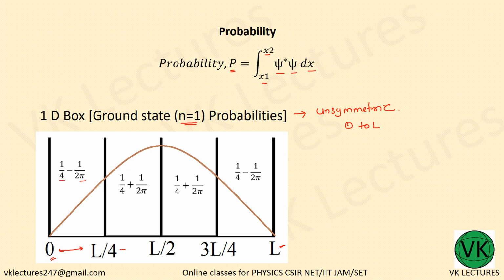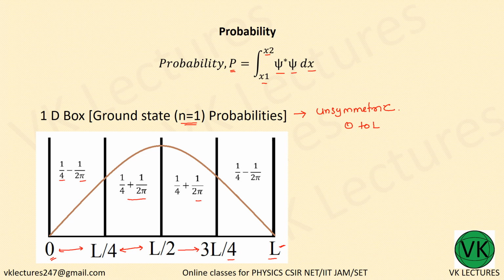From L by 4 to L by 2, it is 1 by 4 plus 1 by 2 pi. From L by 2 to 3L by 4, it is 1 by 4 plus 1 by 2 pi. And from 3L by 4 to L, it is 1 by 4 minus 1 by 2 pi.